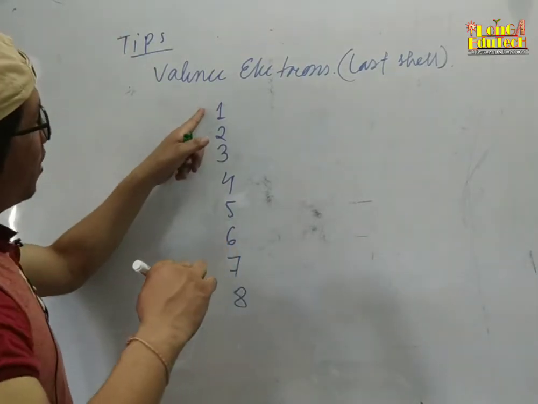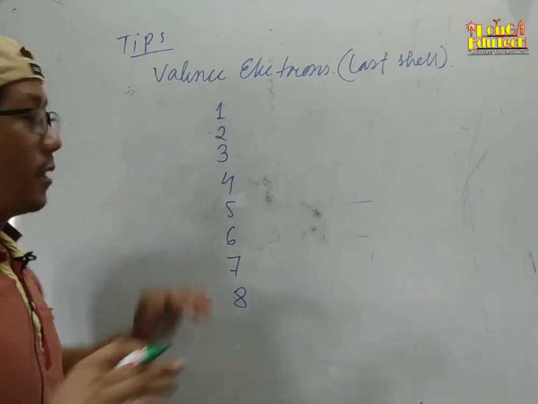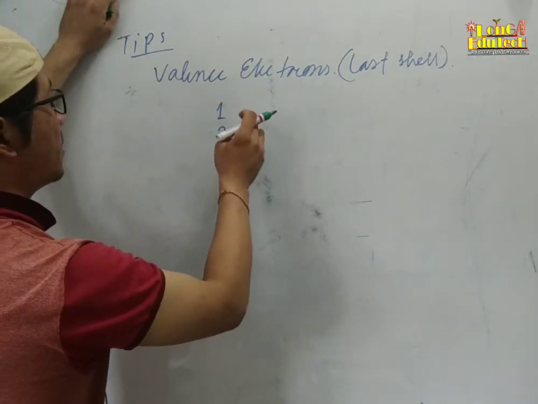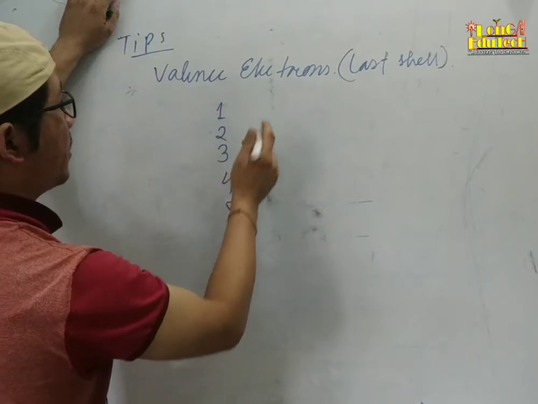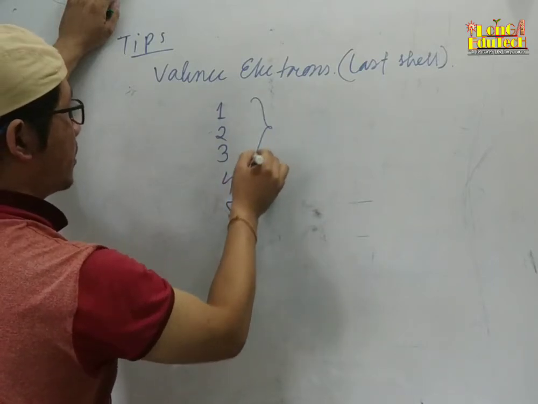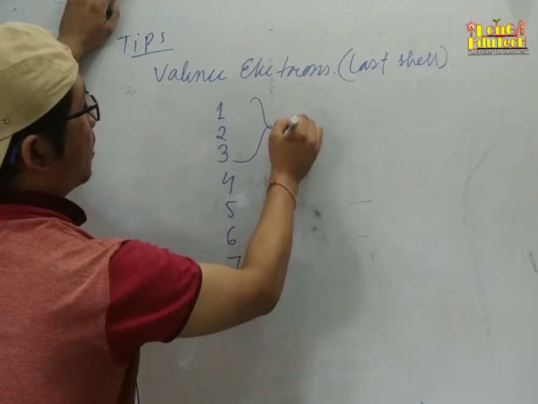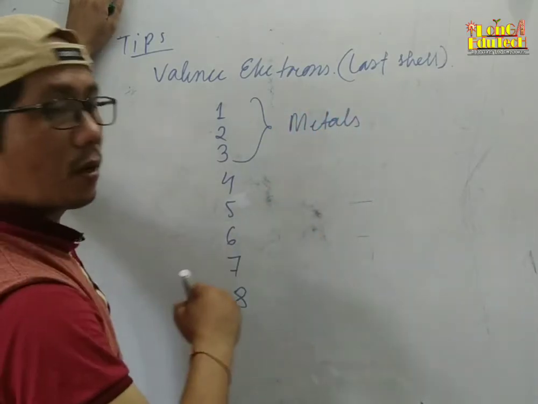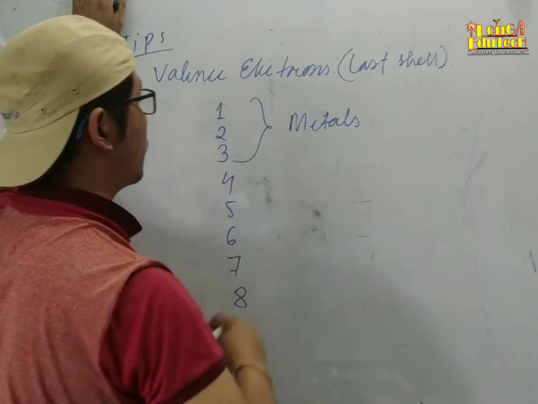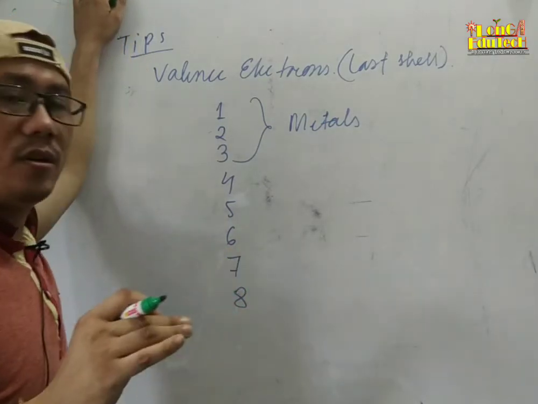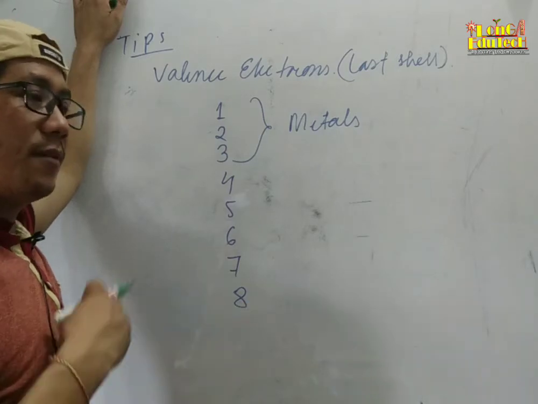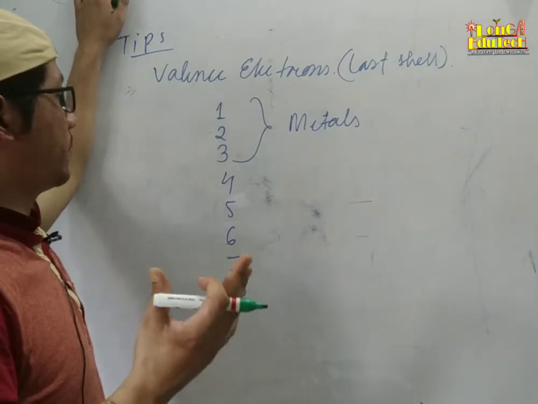Then what happens? Those elements which have the valence electrons 1, 2, and 3, they are metals, we have to know. And after losing electrons, they will possess a positive charge. After giving electrons to others, they become positive.